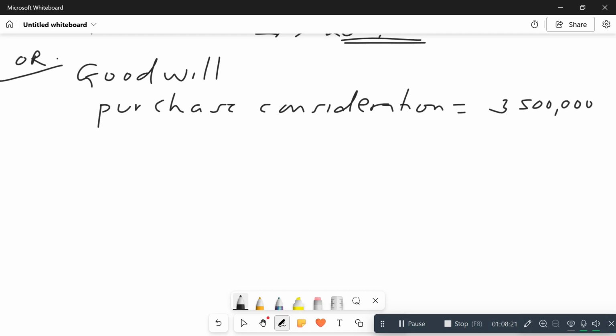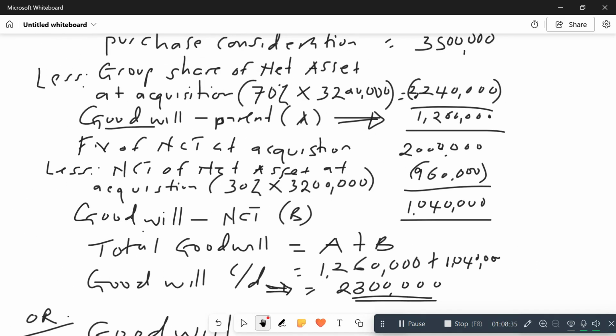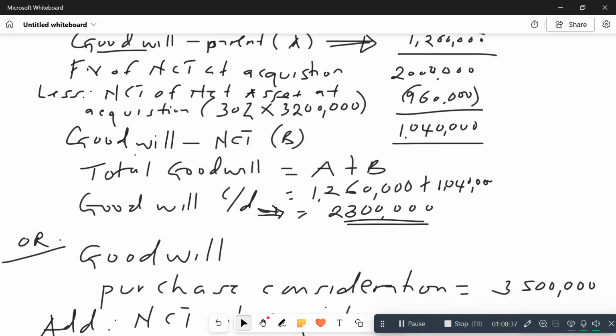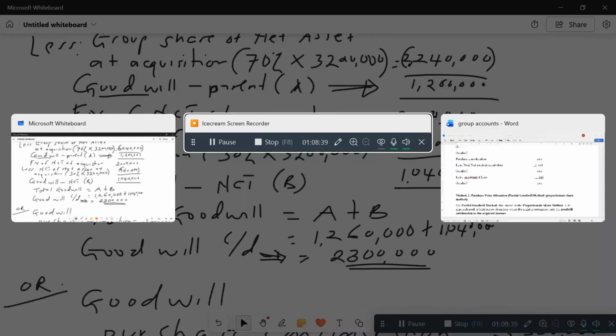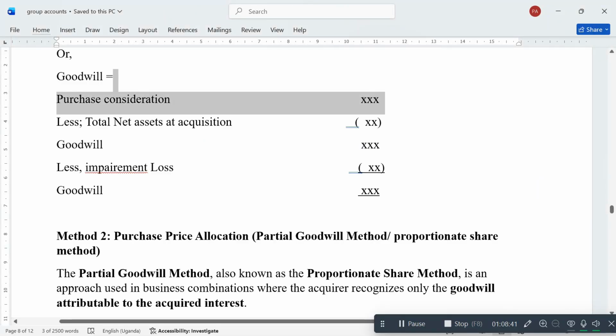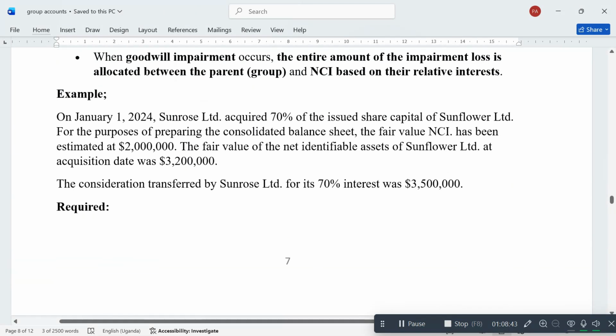Then you can add NCI at acquisition. See here, fair value of NCI. It's given in the question here. I need to take it here so that you don't get confused.